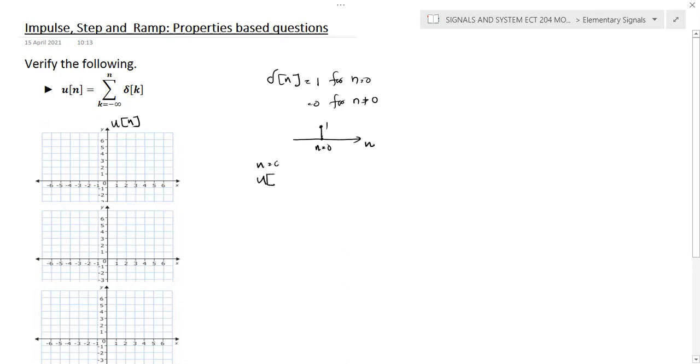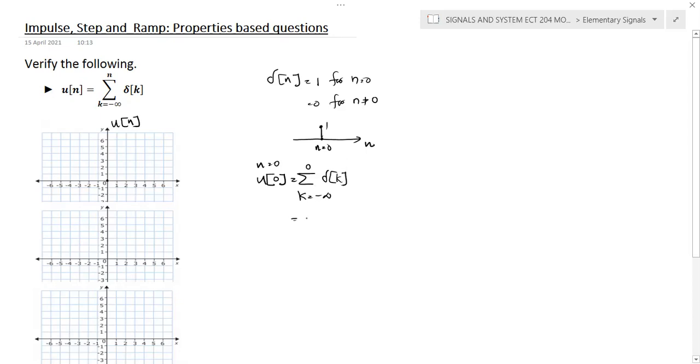So when n is equal to 0, it becomes u of 0. We can find out the value at n is equal to 0. And the equation becomes k is equal to minus infinity to 0 and del of k. So in this particular expression, we need to substitute the values of k.